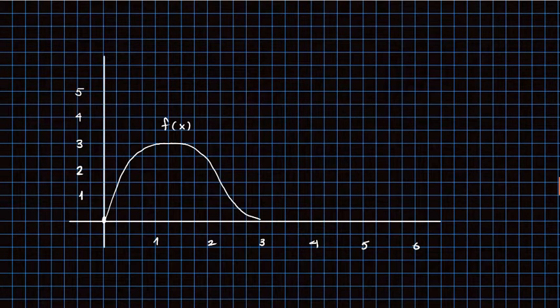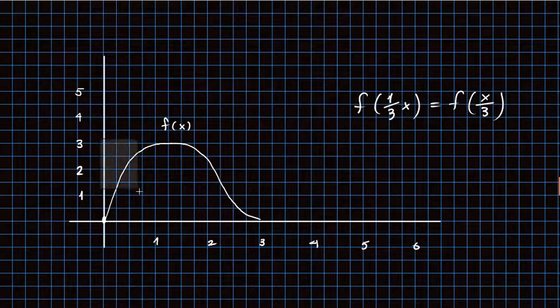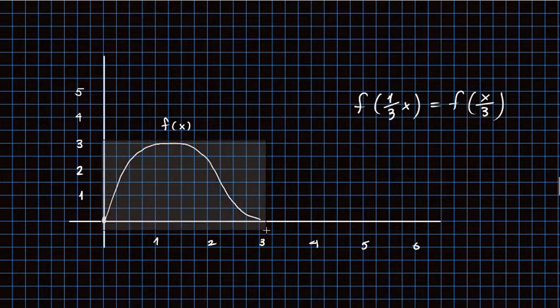Well then how do we get stretching in the horizontal direction? You could take f of x and change it to f of 1/3 x, or equivalently f of x over 3. Dividing by 3 or multiplying by 1/3 stretches the graph in the horizontal direction by a factor of 3.